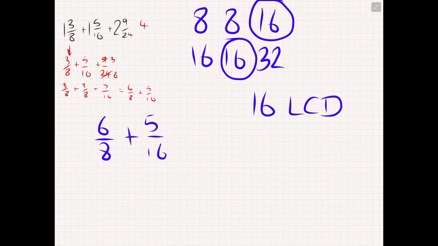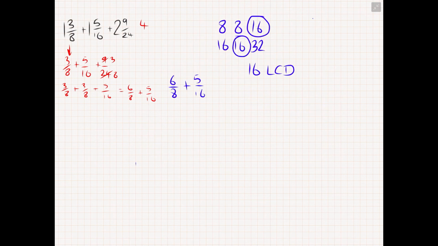All we have to do is to take the denominator of each of the two fractions, divide it into the common denominator to convert into 16ths. So 8ths becomes 16ths, so 1/8 would be equal to 2/16. So 8 goes into 16 twice, so we multiply the numerator by the number of times that the denominator goes into the LCD.